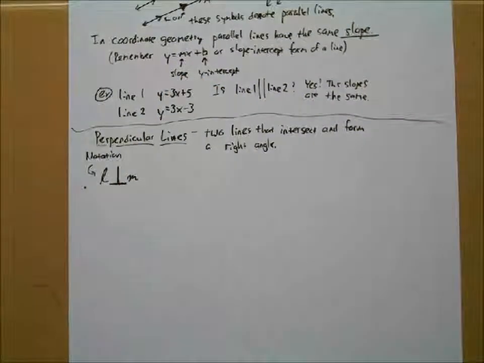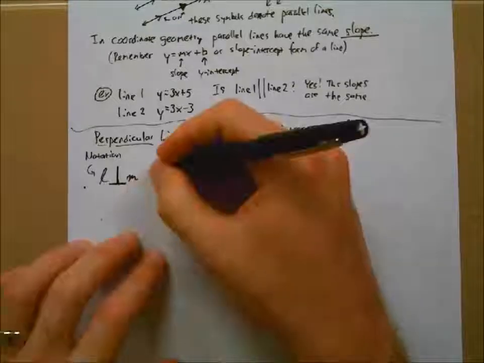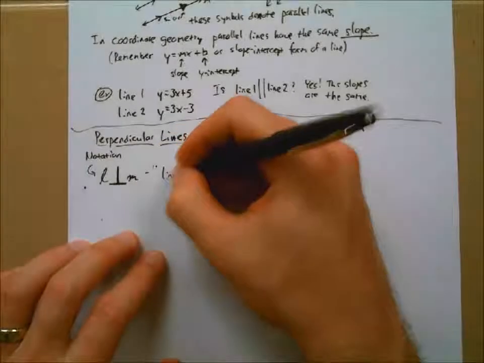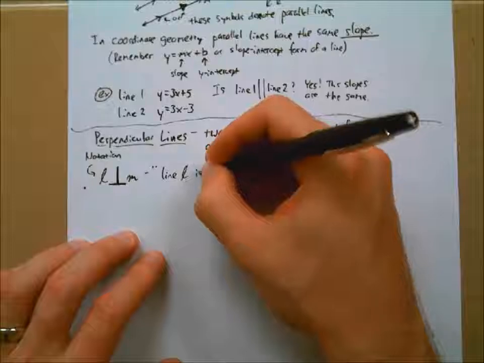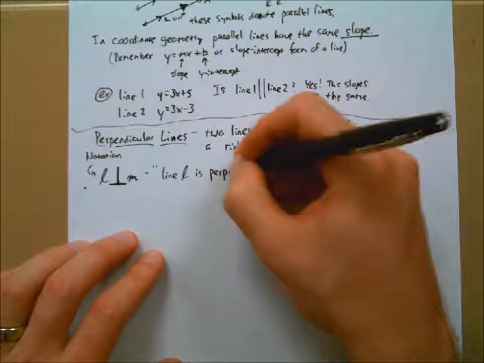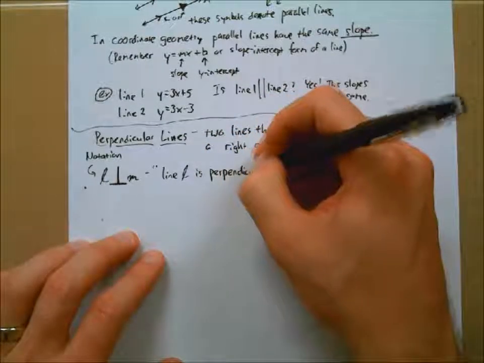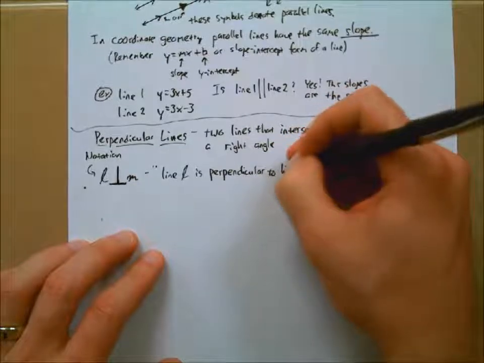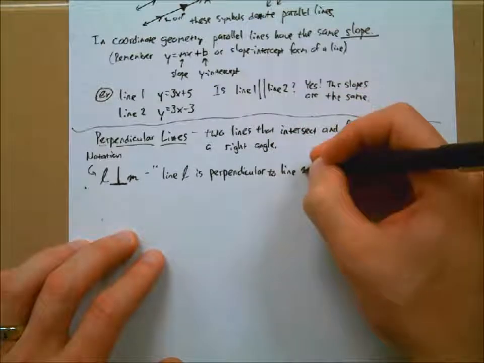This is the symbol that's used though. L is perpendicular to M. Line L is perpendicular to line M is how you would read that.